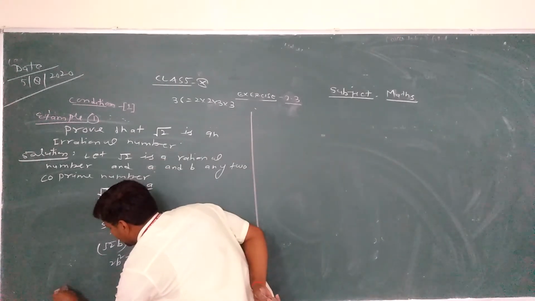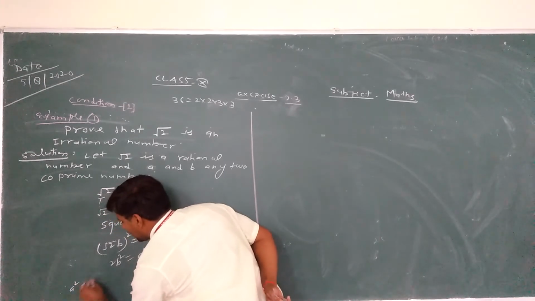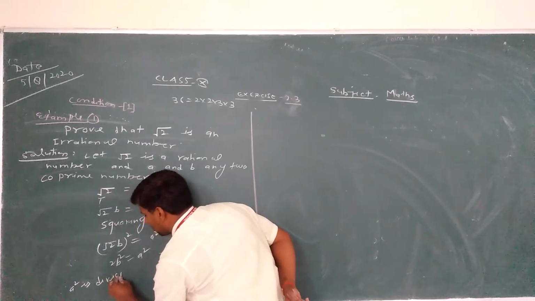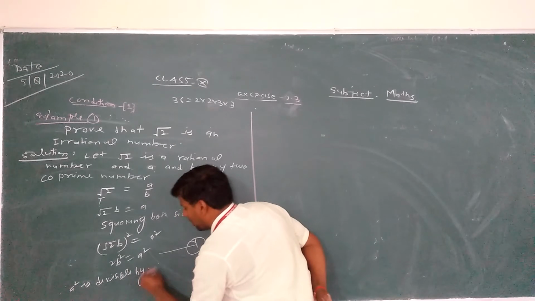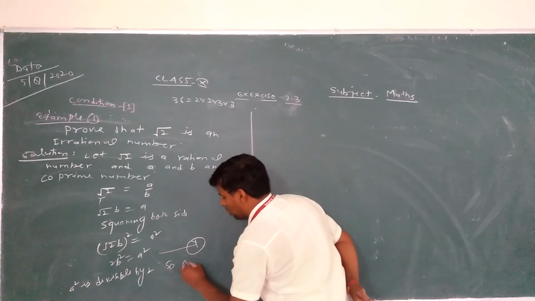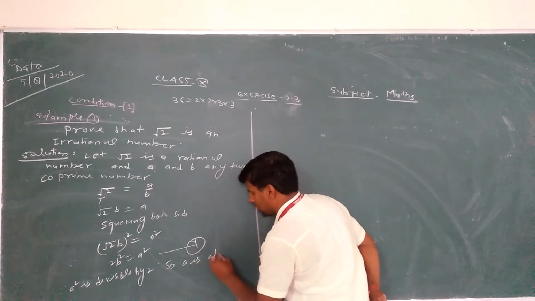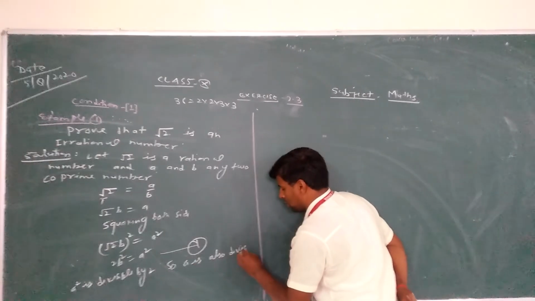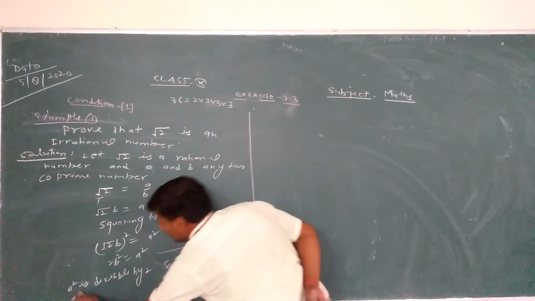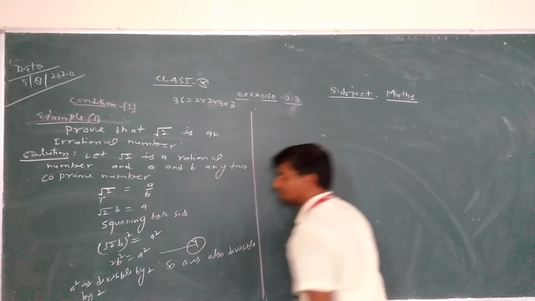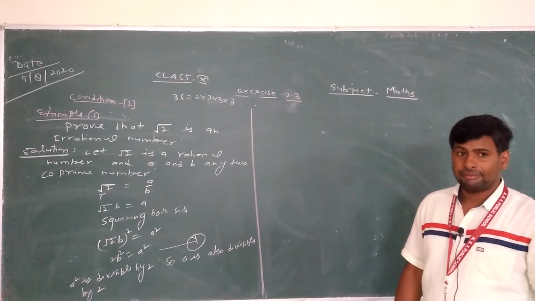Then see, such that a square is divisible by 2. So a is also divisible by theorem 2.3.